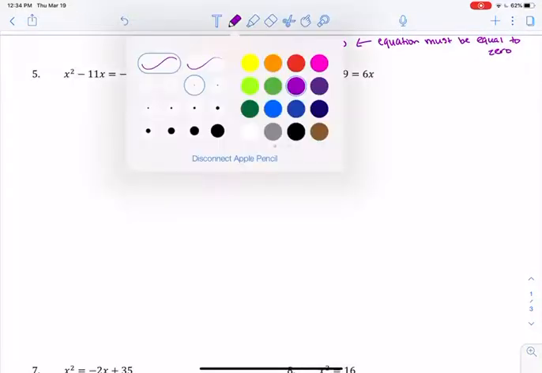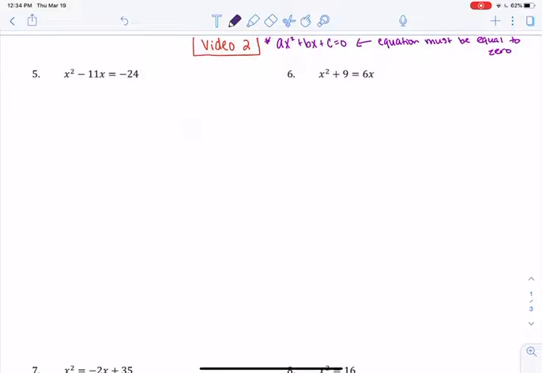Okay, so as I just said, our form for a quadratic equation is ax squared plus bx plus c is equal to 0. So if you notice here, we have an ax squared, we have a bx, and we have a c. But we have the c on the right side of the equation when we want it to be on the left side.